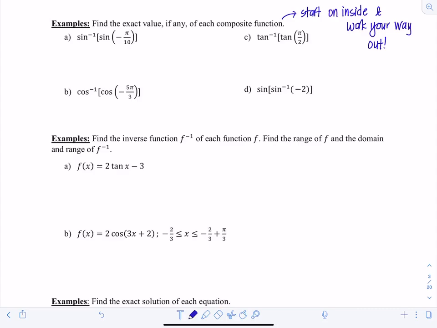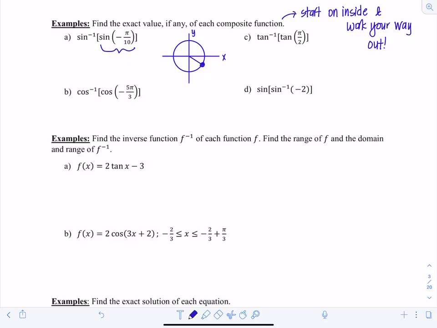Okay, so sine of negative pi over 10, I don't know what it is, right? It's not something from the unit circle. Let's see, where is negative pi over 10? It's in quadrant 4, right? So here's negative pi over 10. So I'm going to get some value there.